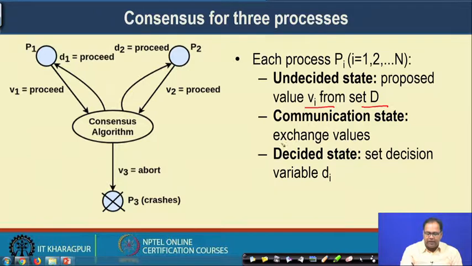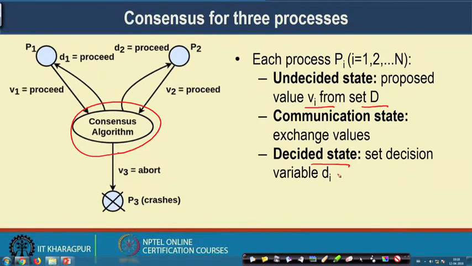Then in the communication state, they exchange values among themselves. By exchanging values and applying the consensus algorithm, they reach the decided state, where everyone in the network agrees on a certain variable di.